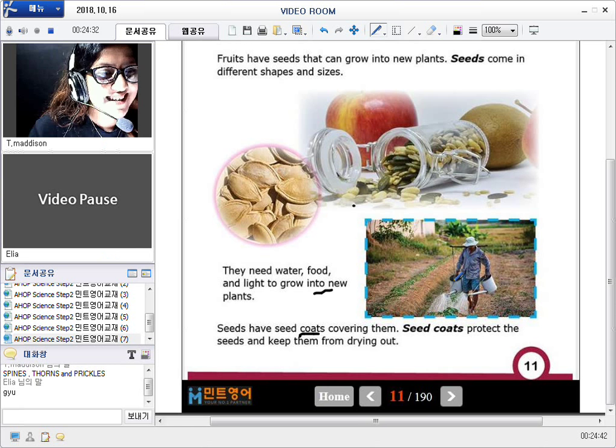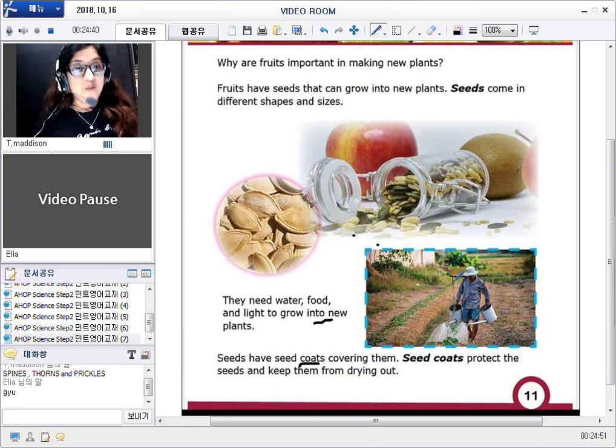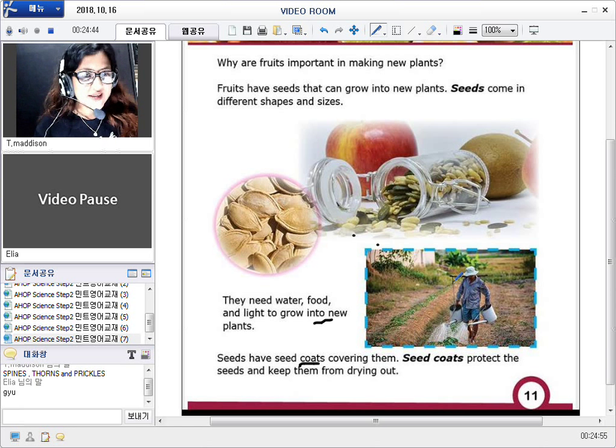I don't have any questions, but you can ask me any questions that check whether I understand. Okay, a comprehension question. According to what you read, what are needed in order for seeds to grow into new plants?